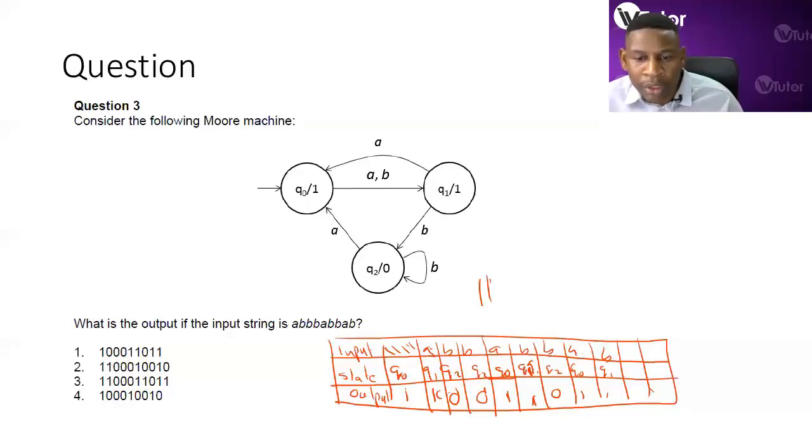So I'm on Q2, and you encounter another B. So you stay in Q2. It should be a 0 over there. Then you can proceed. So it's 1 1 0 0 0 1 1 0 1. So it should be option 3.